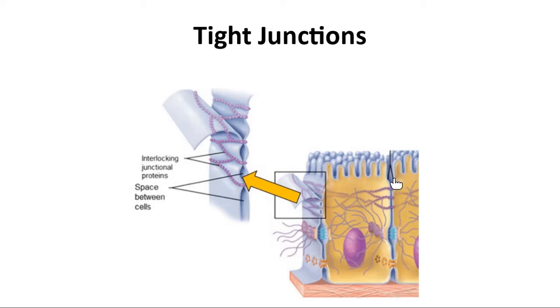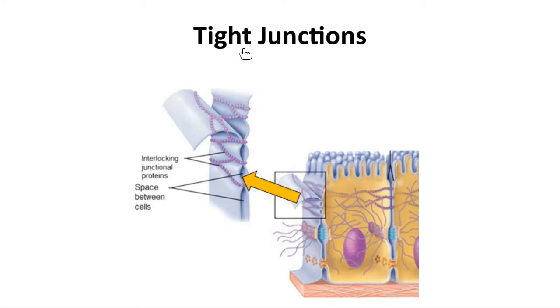So we fuse together the plasma membranes of our keratinocytes using these tight junctions to make it so that water can't just freely go inside your body. Same thing with water leaving your body, right? When it's really hot and really dry around you, we don't want all your water to just leave the body. So tight junctions are something that helps to waterproof your skin. No water coming in, no water coming out.